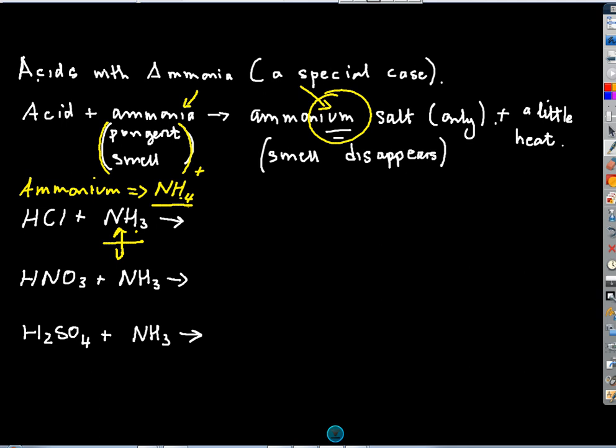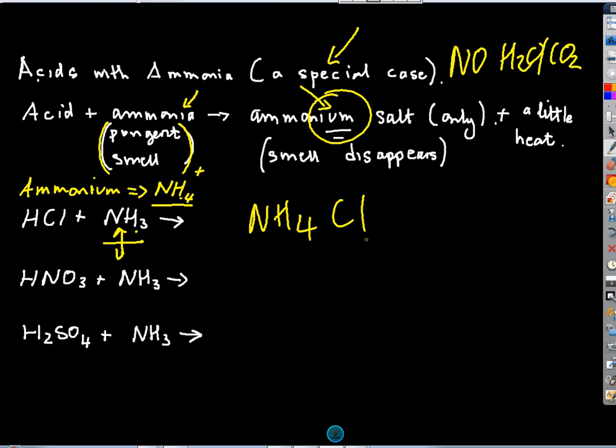The other thing about this equation is it's a bit of a special case, as I've said here, in that ammonia plus an acid only gives you an ammonium salt, and this time you do not get any water, you do not get any carbon dioxide, nothing else produced. So ammonia with hydrochloric acid gives ammonium chloride, NH4Cl.